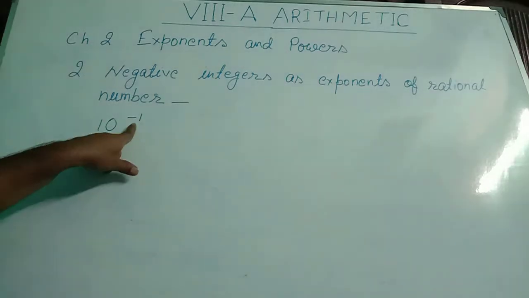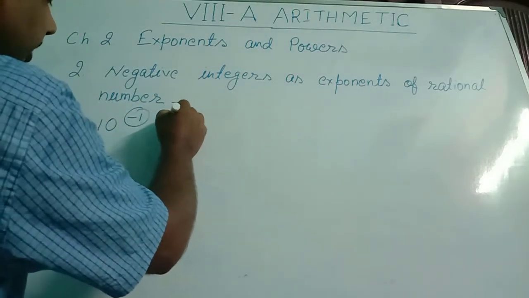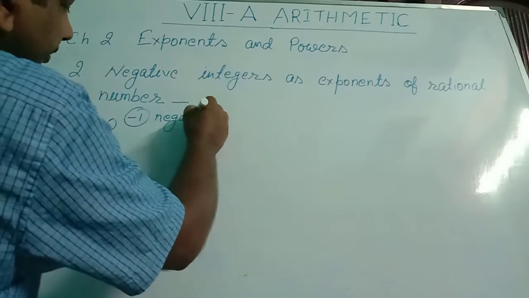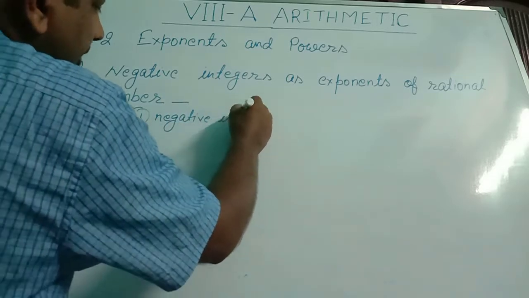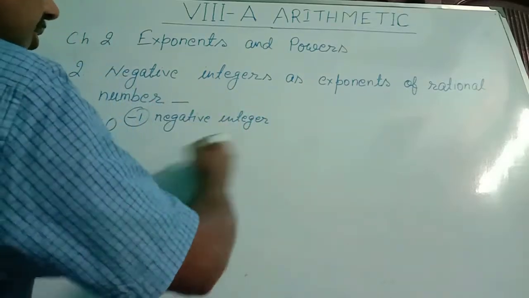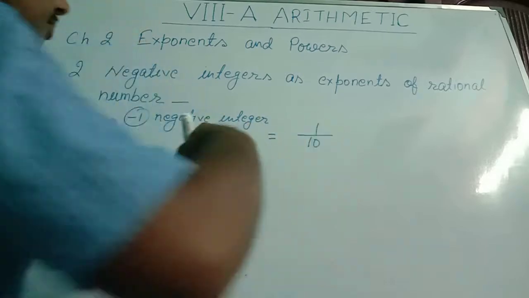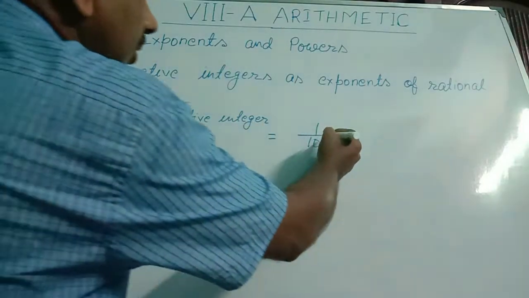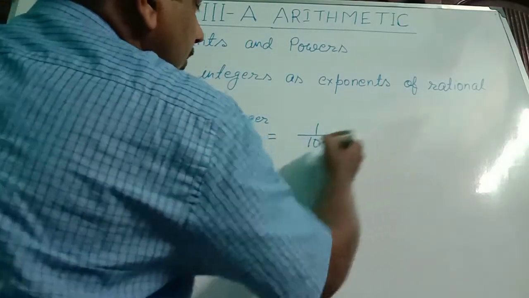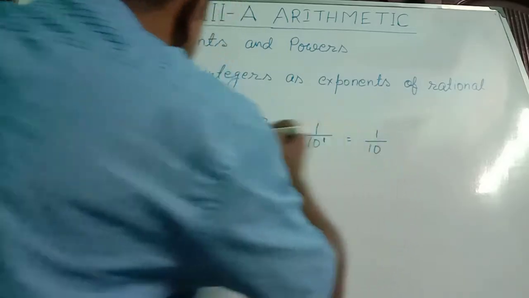This is the negative integer. What do you mean by this? It means 1 by 10 to the power 1, or we write 1 by 10.